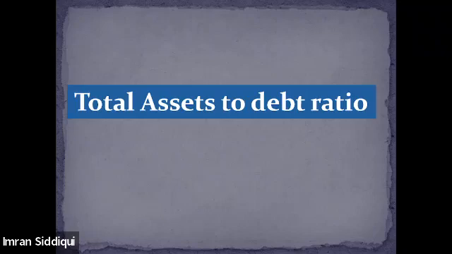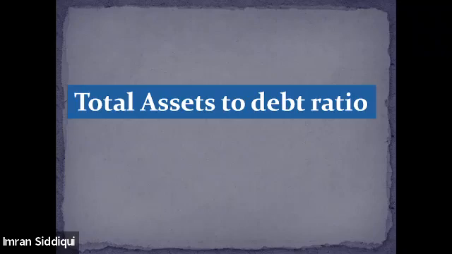Kindly confirm if we already did the formula in the previous session or not. Could you please tell me the formula for the total asset to total debt ratio? Total asset divided by debt.